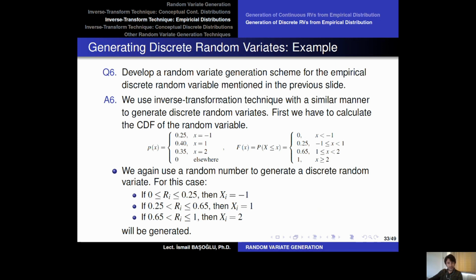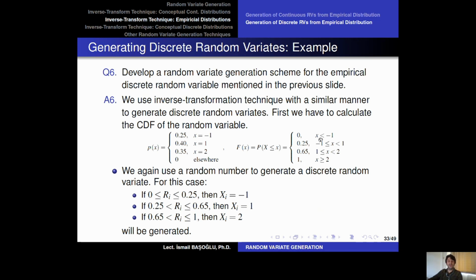Remember, first we need to determine the cumulative distribution function for this probability mass function. A CDF for a discrete random variable is basically the cumulative version of the probabilities given in the probability mass function in the order of the realized values. So we say 0 plus the first probability mass, 0.25, plus the second probability mass, which makes 0.65, and the third probability mass makes it equal to 1.